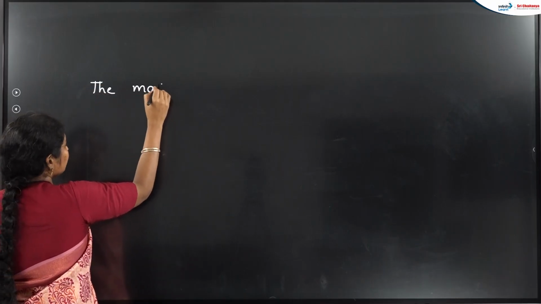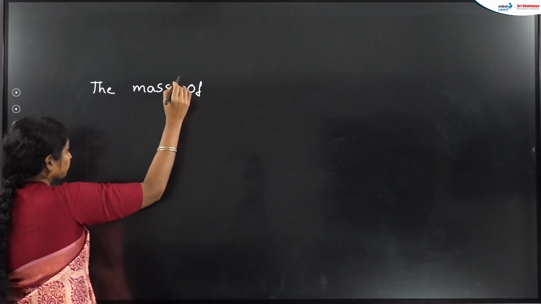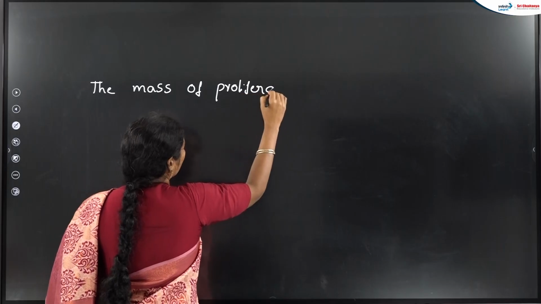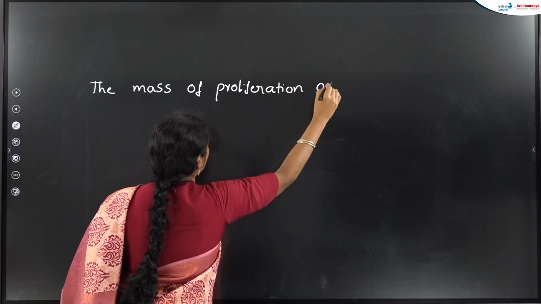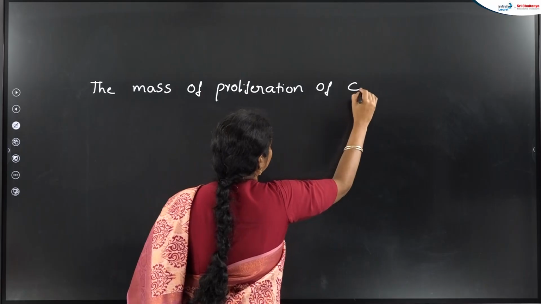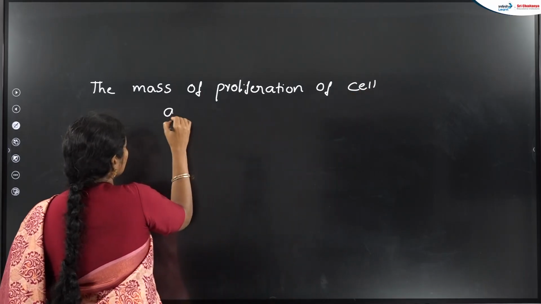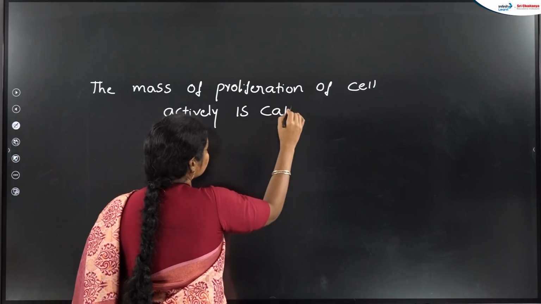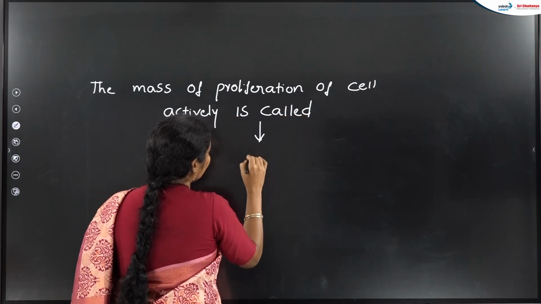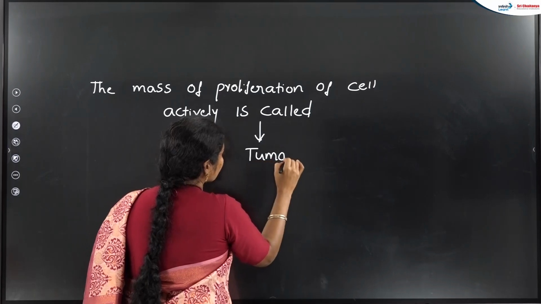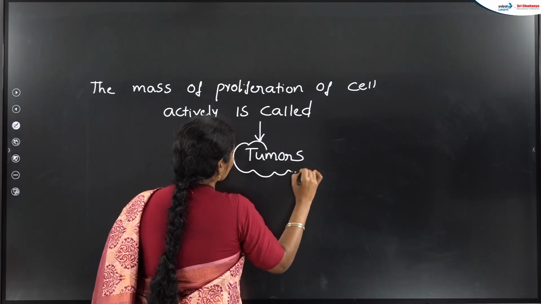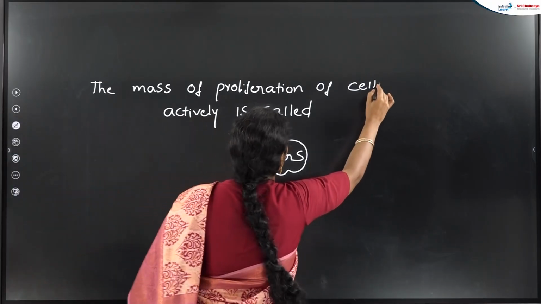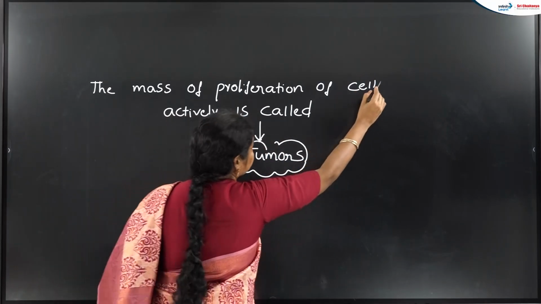Then the definition: a mass of actively proliferating cells is called a tumor.